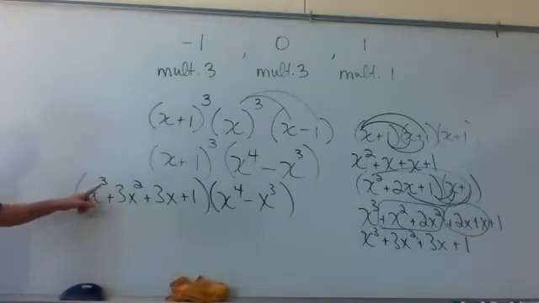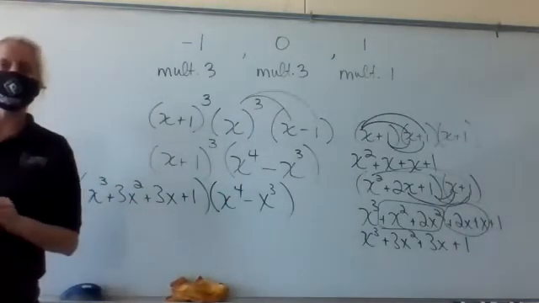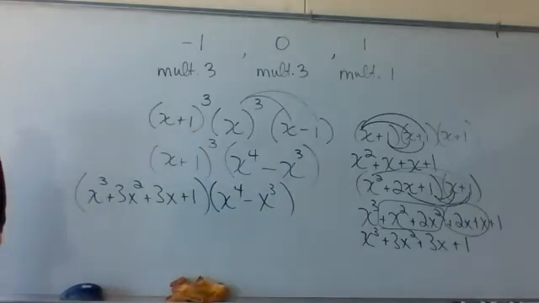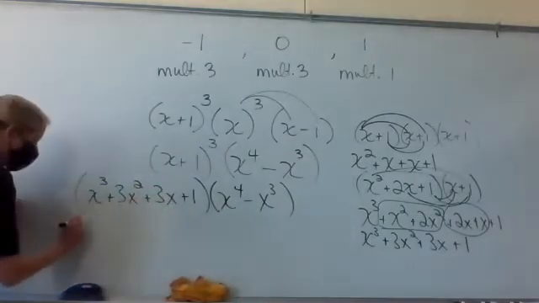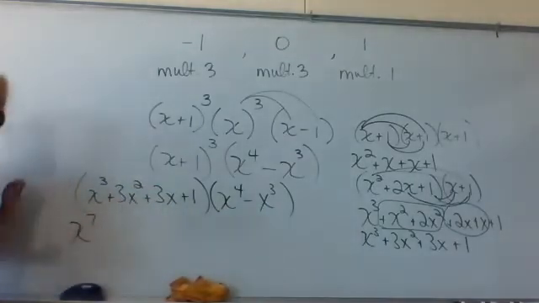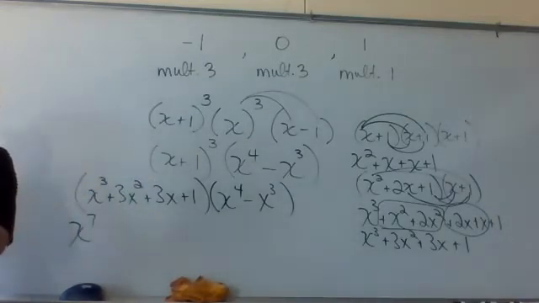So let's see, what's x to the third times x to the fourth? What do you do with your exponents when you're multiplying? You're going to add them. So the good news is, x to the third times x to the fourth is x to the 7th. So there's my degree 7, which means once I get done multiplying these together and cleaning it up, I will be done because I'm at degree 7 now.